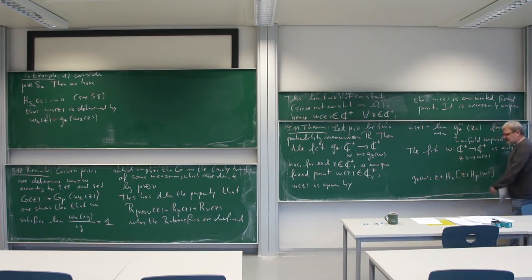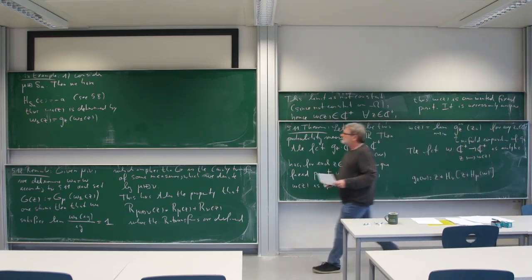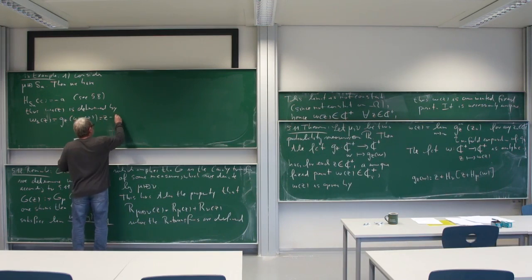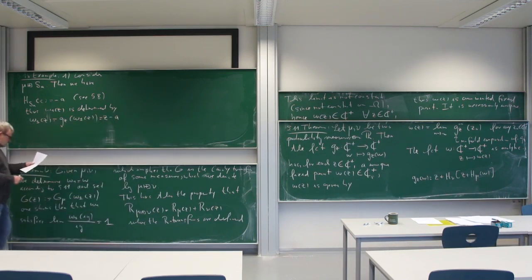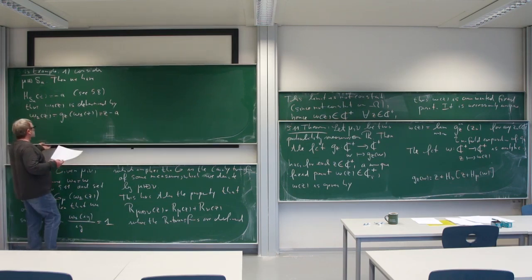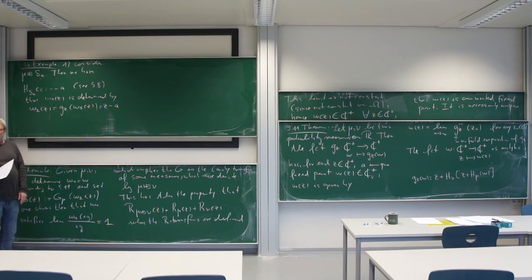So the argument here doesn't matter, so what I get here is just minus a. So I have here that this is just z minus a. Okay, and so this gives us directly what this is. Namely omega 1 of z, in this case, is just z minus a.